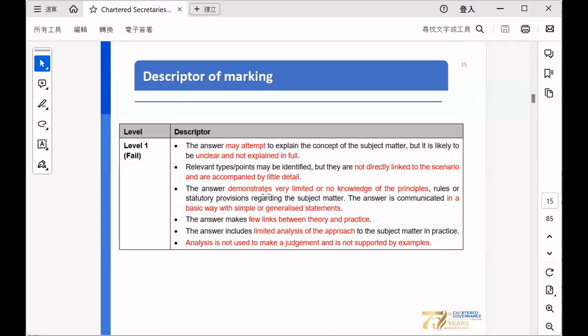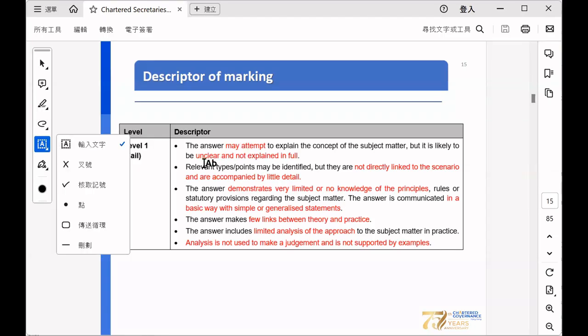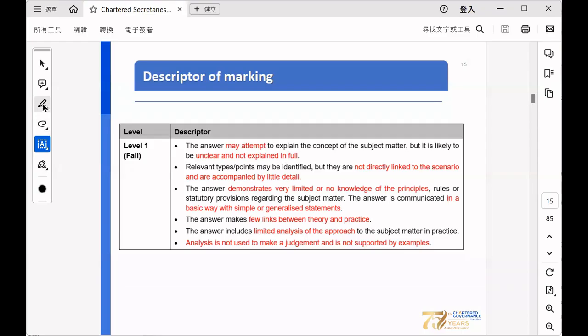Now, if it's a failure, there are two reasons. The answer may attempt to explain the concept, but the explanation is not clear. Unclear explanations. I think that is one of the problems.